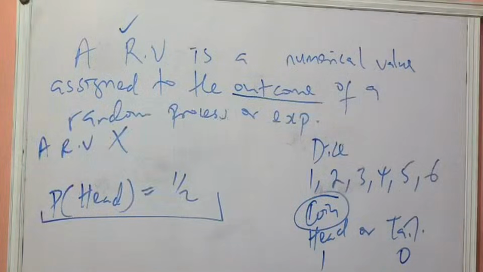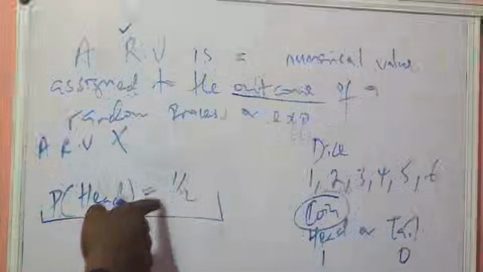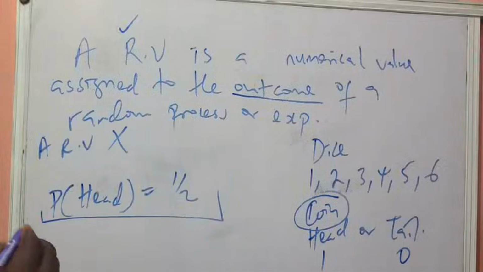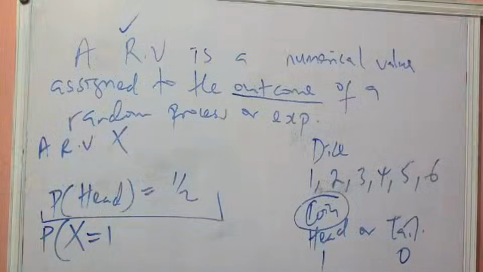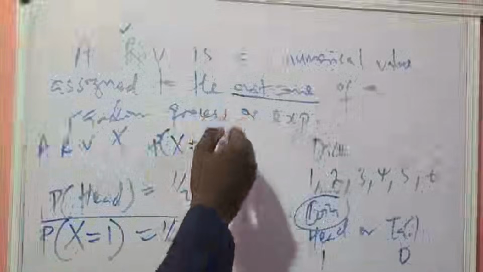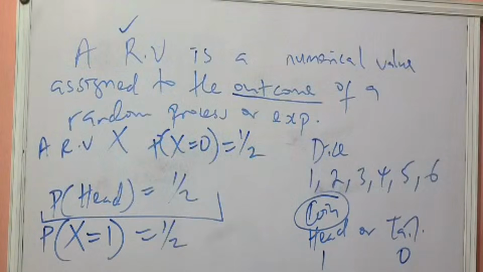This means that when dealing with the tossing of a coin, instead of writing probability of head equals 1/2, we could go on to write probability of a random variable X being equal to 1 is equal to 1/2. Of course, conversely, we could write probability of a random variable X being equal to 0 is equal to 1/2. This is a good introduction to the word random variable.